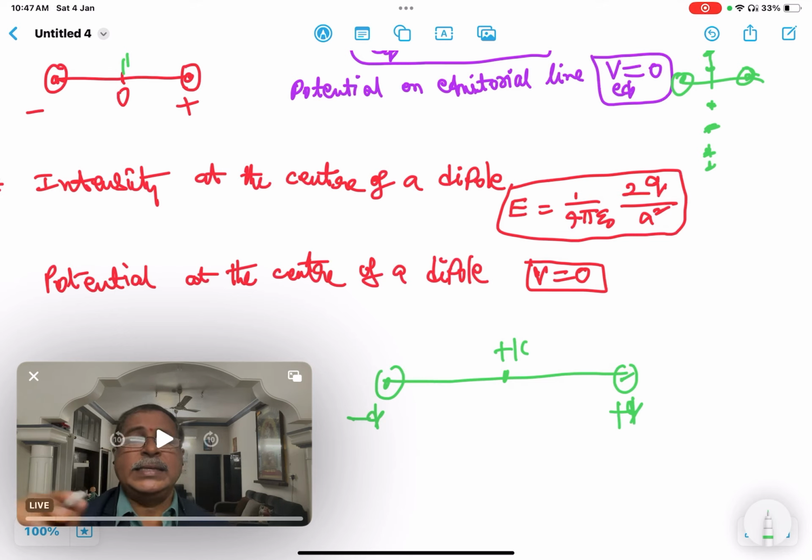Then the intensity at this point due to the negative charge is attraction. This is E. And the intensity due to the positive charge is repulsion. These two intensities are in the same direction. So therefore, E net is equal.